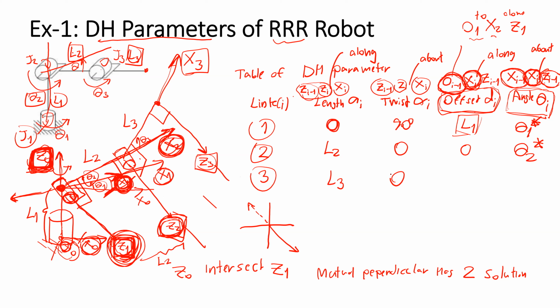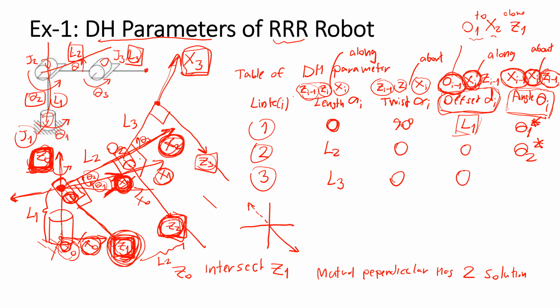The offset is the distance from O2 to X3 along C2, but O2 is already on X3, so the offset will be 0.